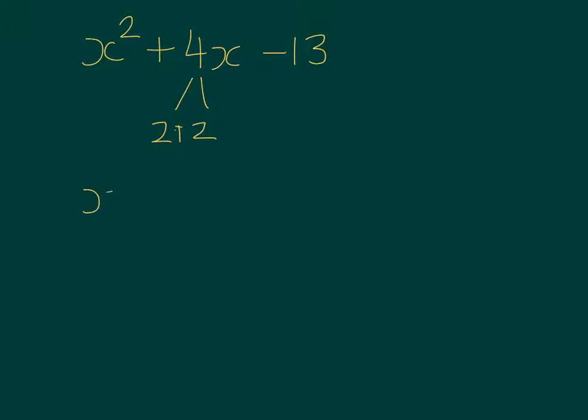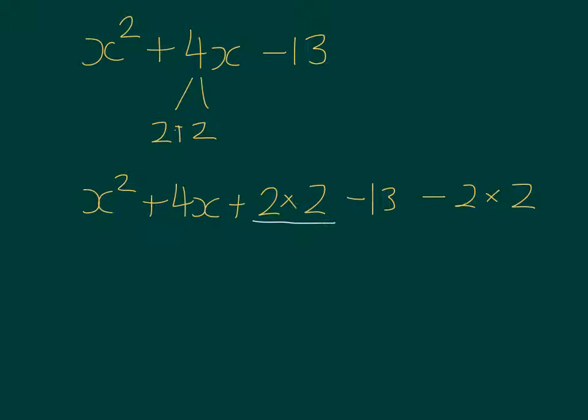So we're going to have x squared plus 4x plus 2 times 2 minus 13 minus 2 times 2. This is the new bit we've added in, and then we take away the new bit to make it look like it was never there in the first place, but we can now factorize.